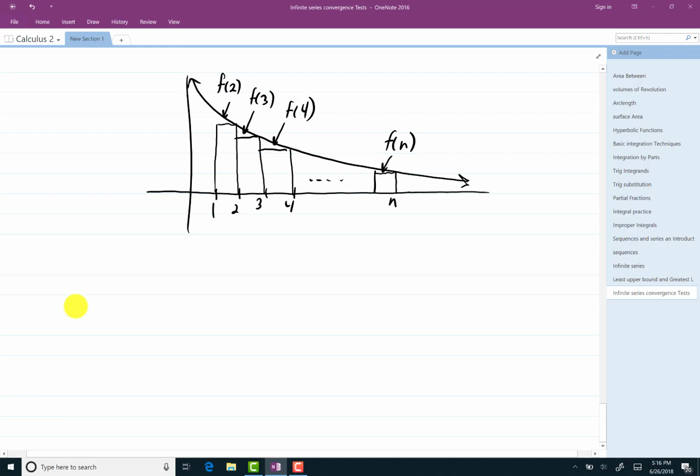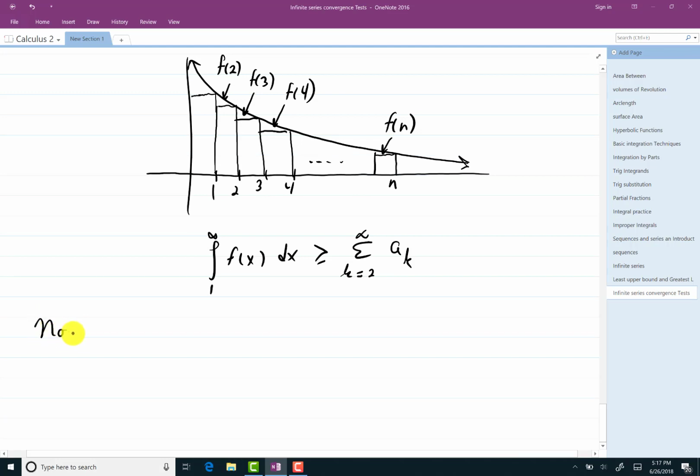So now, the integral, if I start the integral at 1, I can see that the function itself is greater than the series now that starts at 2. So the integral from 1 to infinity, f of x dx, is greater than or equal to the series k equals 2 to infinity a sub k.